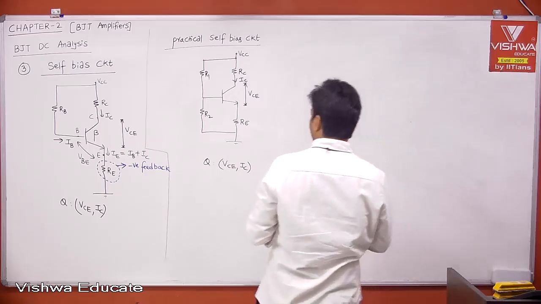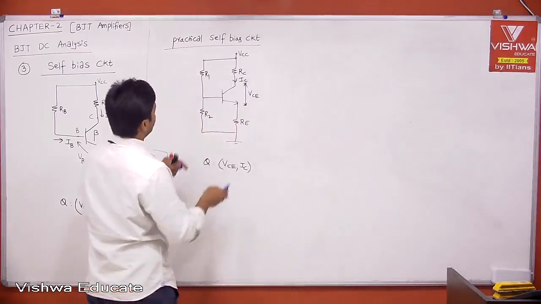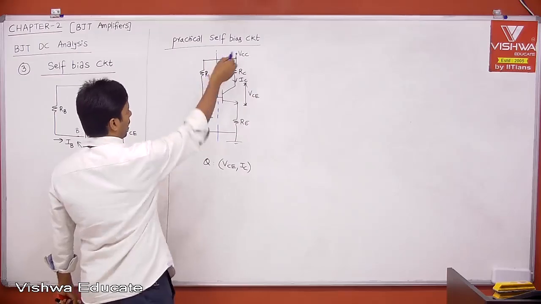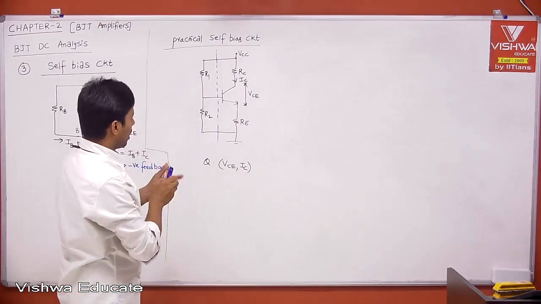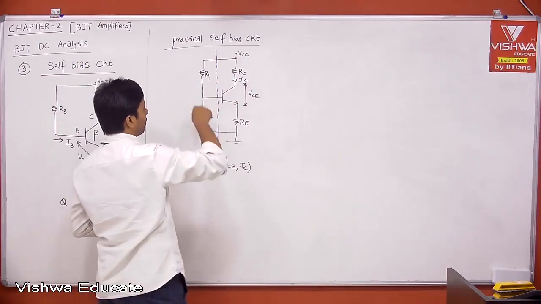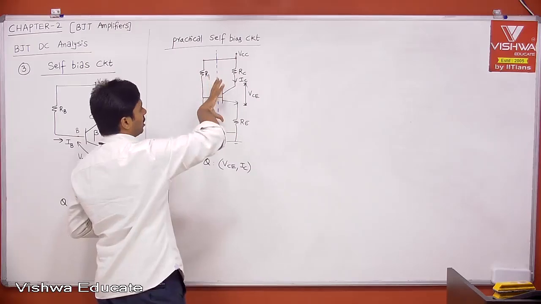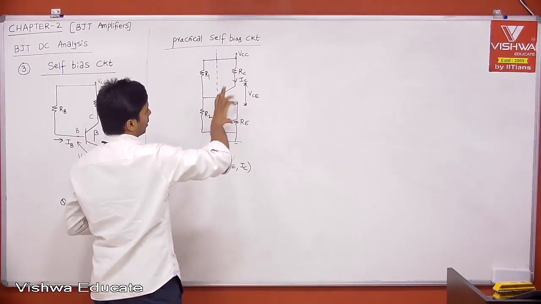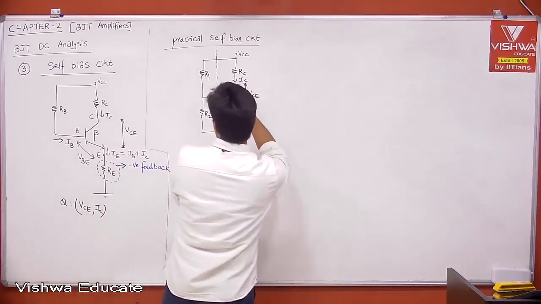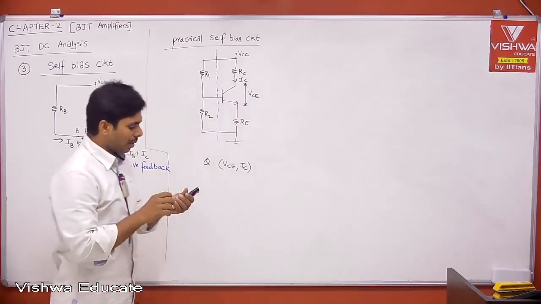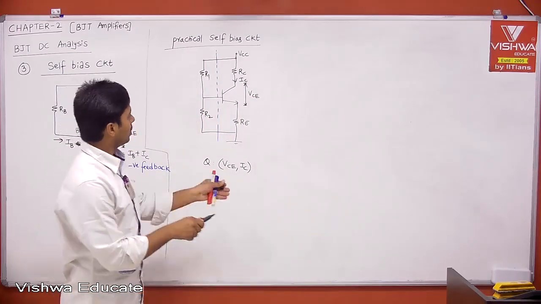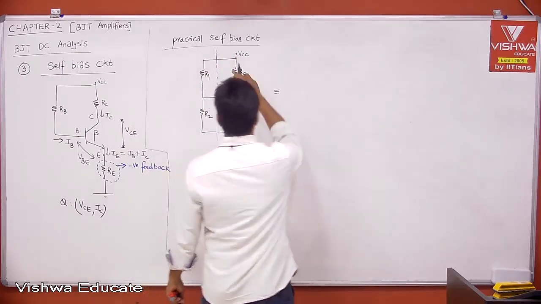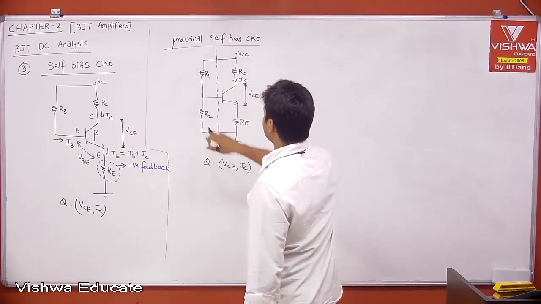Maybe if I apply Thevenin's theorem for this R1, R2 and VCC combination, then the transistor is nothing but the load for the R1, R2 combination along with VCC. If you exclude the load, find the voltage across this, that is VThevenin. Then exclude the load, the impedance seen from the output port is RThevenin.